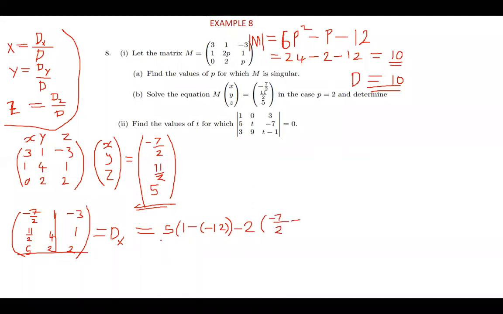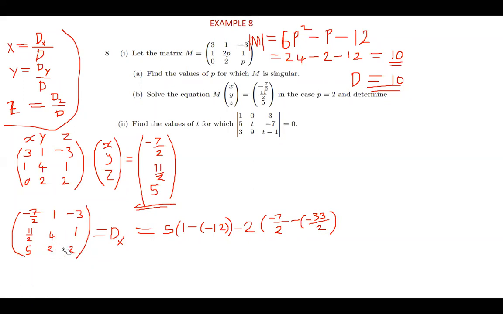Then minus 11/2 times -3, so that will give me -33/2.